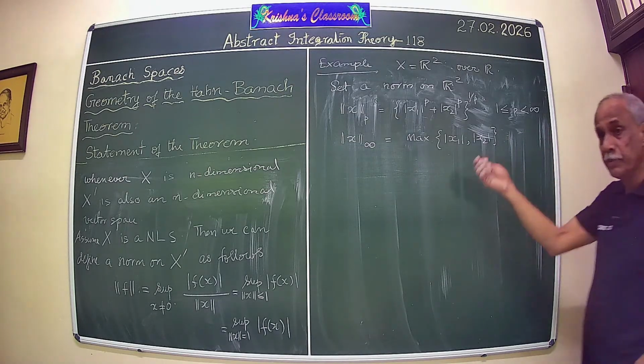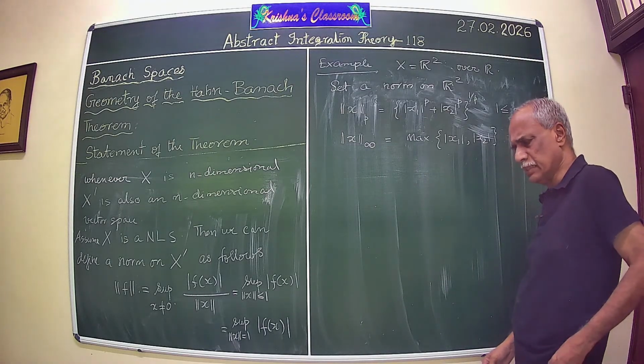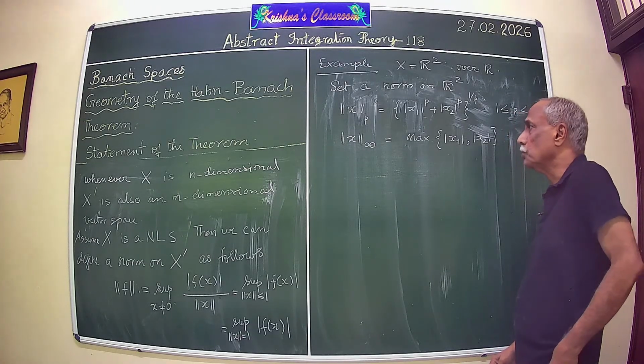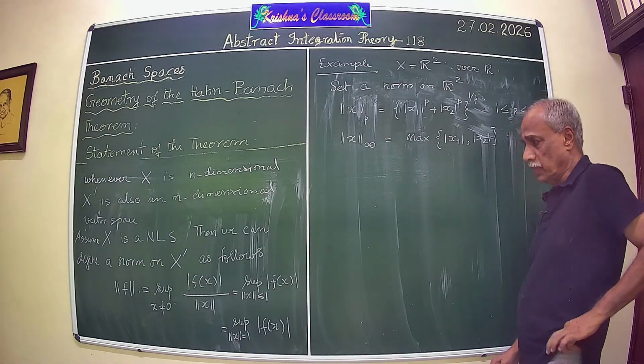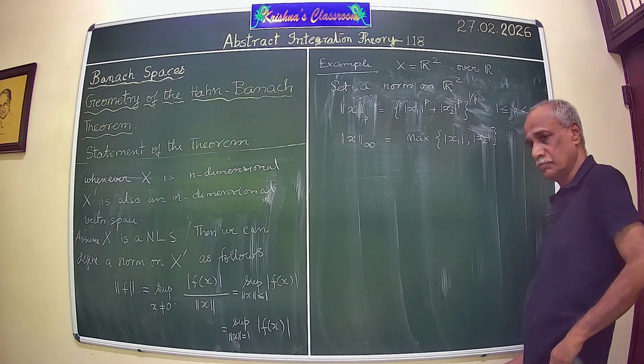There are infinitely many ways in which you can set a norm. That is immaterial. So we choose one of them. Right?